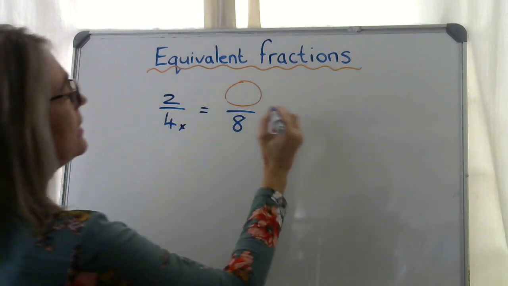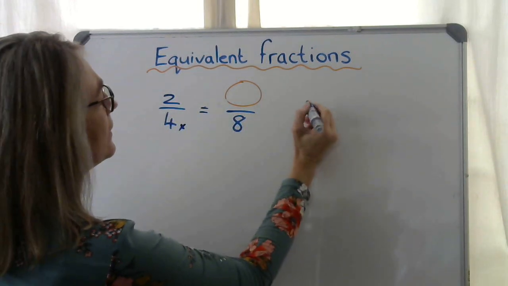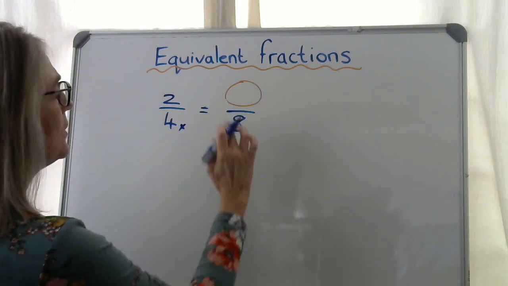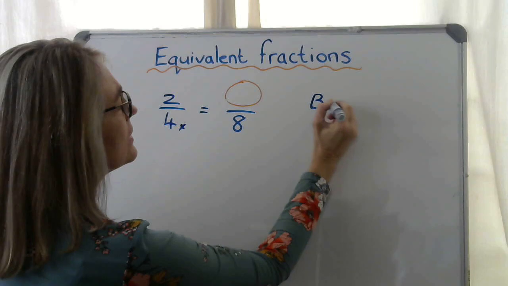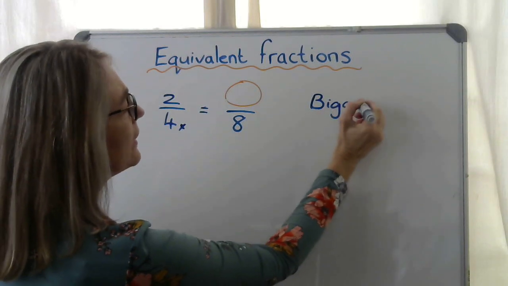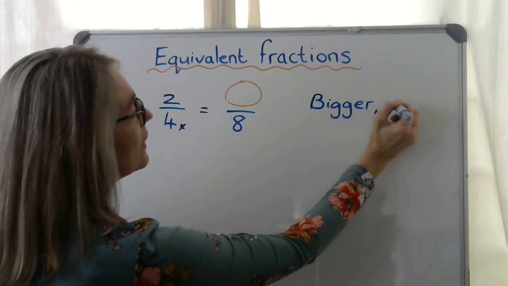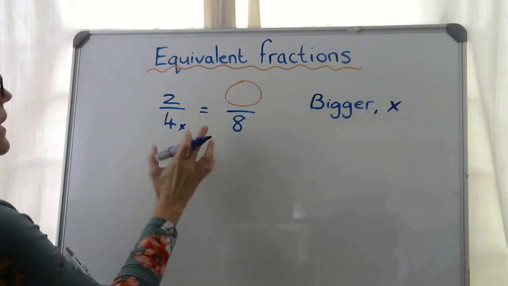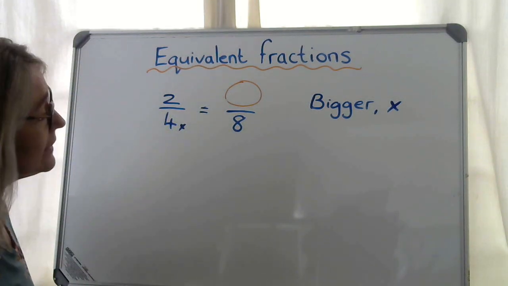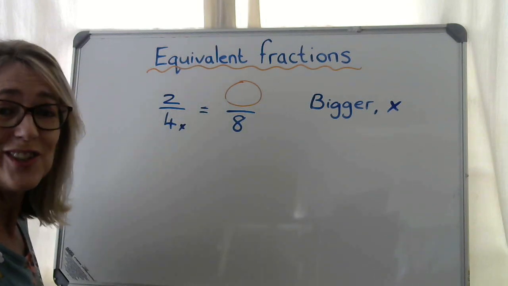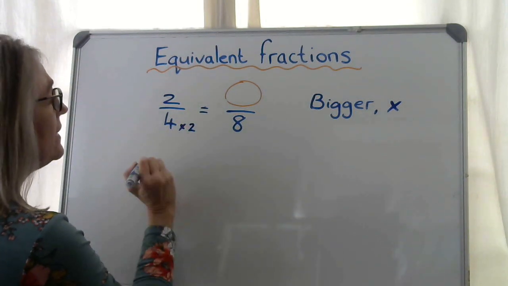If the missing fraction's denominator is bigger than this one, then you're going to times. So we say 4 times what equals 8? Yes, 2. 4 times 2 equals 8.